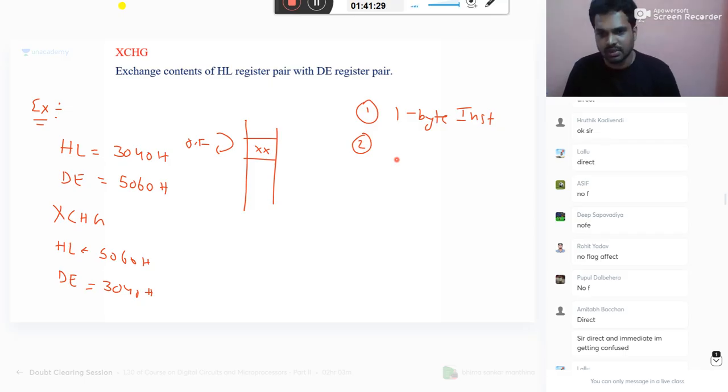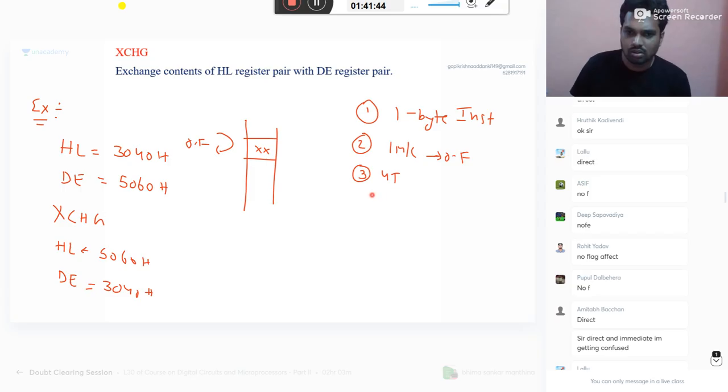It is fixed by the manufacturer, who gave this option only for HL and DE. Then only one machine cycle, that is opcode fetch, and 4 T states. Next, register transfer, where data is transferred between register addresses, and no flags are affected.